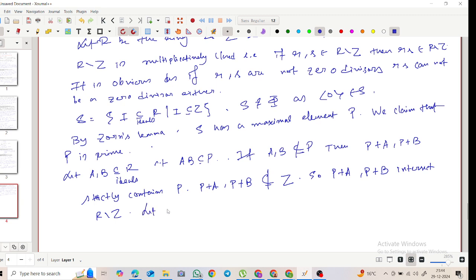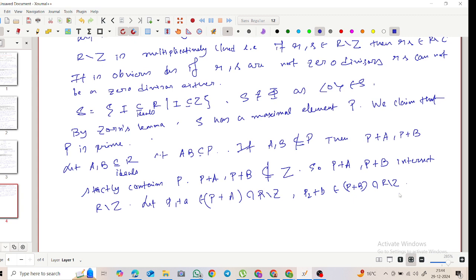So let p1 plus a belong to P plus A intersection R minus Z, and p2 plus b likewise.